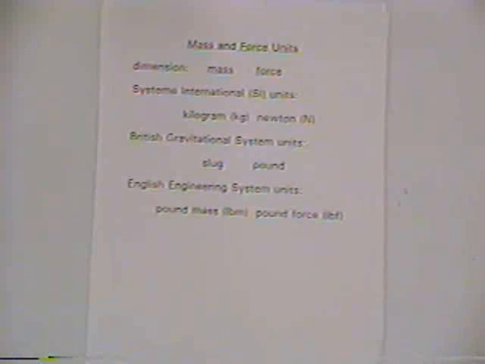In the SI system, mass is a kilogram and force is a Newton. In the British gravitational system, we're looking at slugs for mass and pound for force. And the English engineering system that many of us would certainly like to get away from uses pound mass and pound force. I think we are moving away from those units. They're a bit confusing.